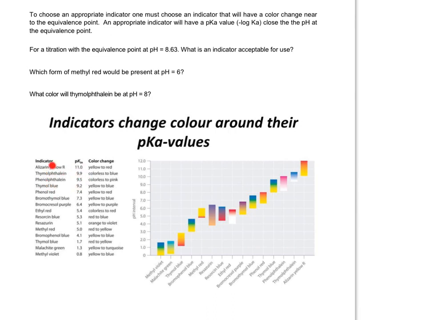So any of these really would be good answers for that titration here. So I'm just going to mark it. I'll put maybe this one, or this one. All three of those would be good.